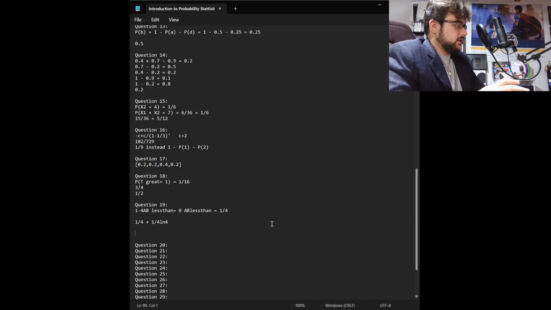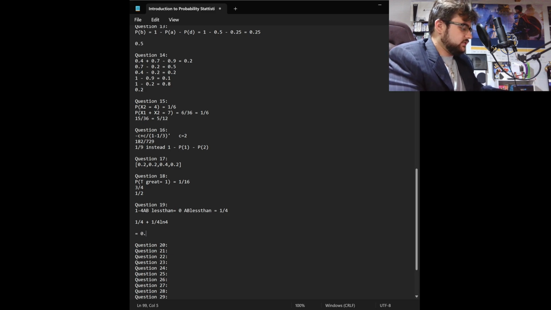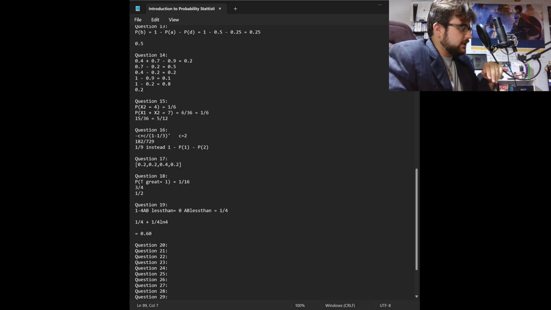If it's tough and he wants the exact number, you can always convert 1 over 4 plus 1 over 4 log 4 into 0.60. This is the closest number that you can get to this number.